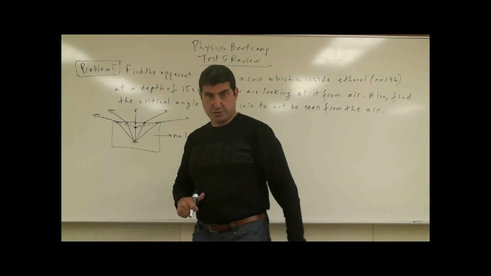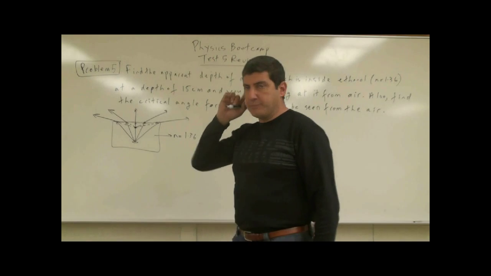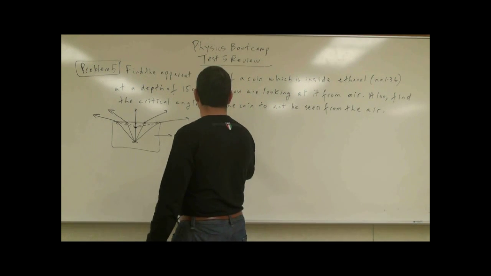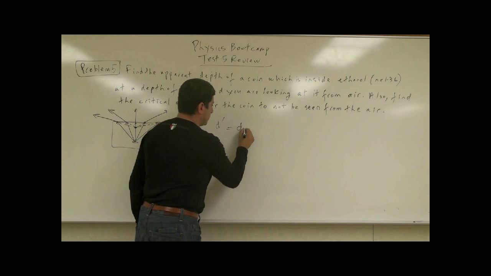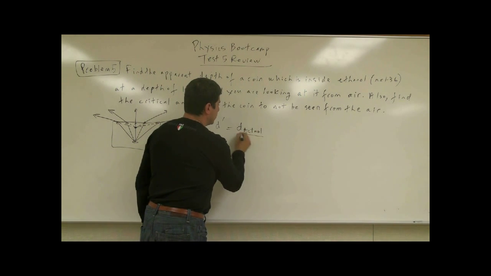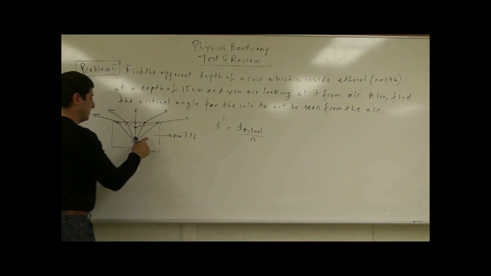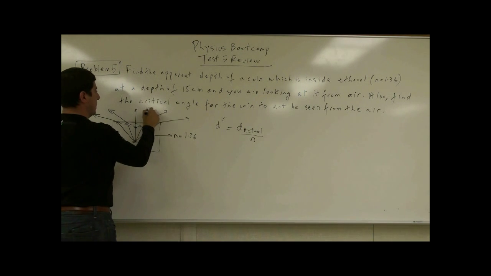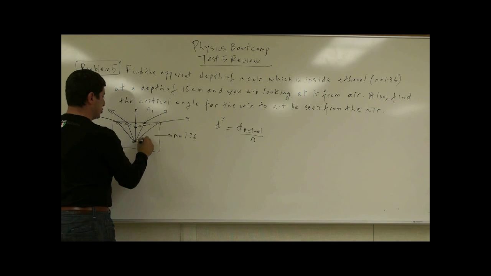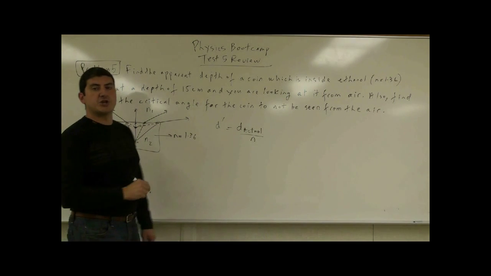How much closer? Well, the apparent depth, d prime we can say, is equal to the actual depth divided by the index of refraction of the medium, right? If the other medium also had a certain index of refraction, let's say n1, n2, it would be the ratio of them.